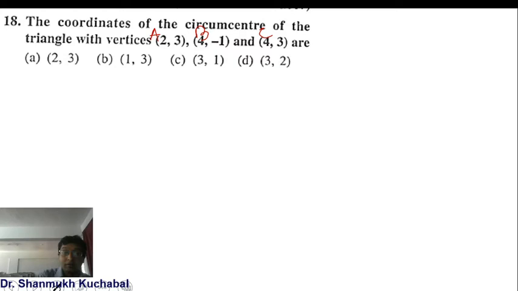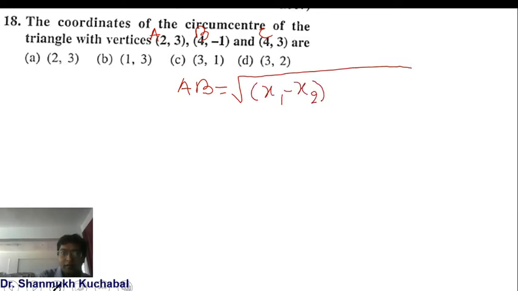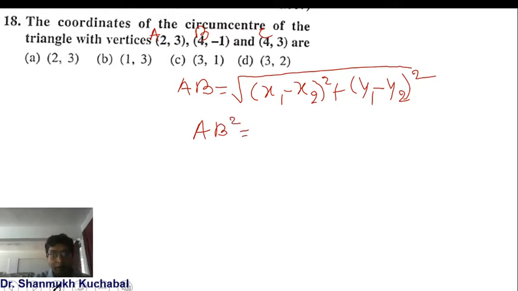The distance between any points A and B is given by the square root of (x1 - x2)² + (y1 - y2)². Using this we calculate. I am finding AB² by squaring, so the distance between A and B squared is 20 units.